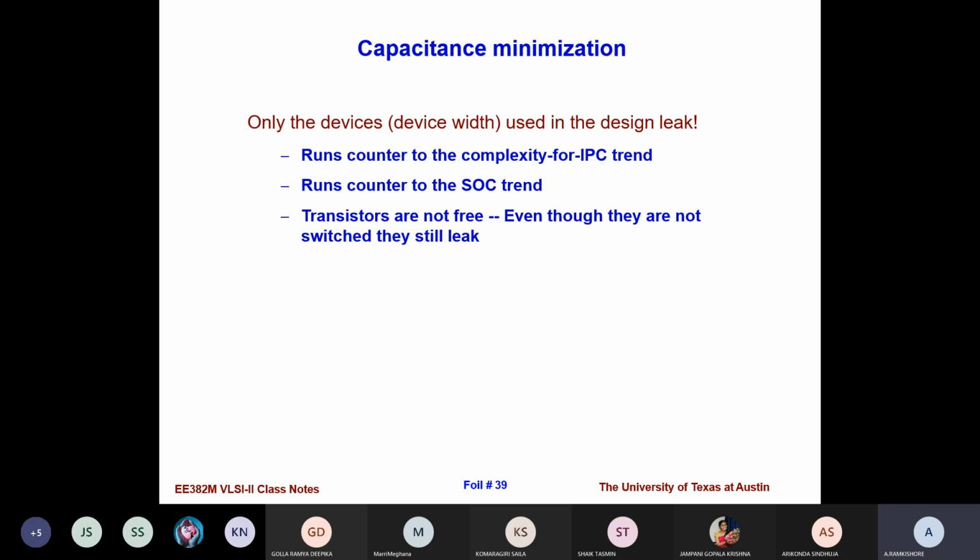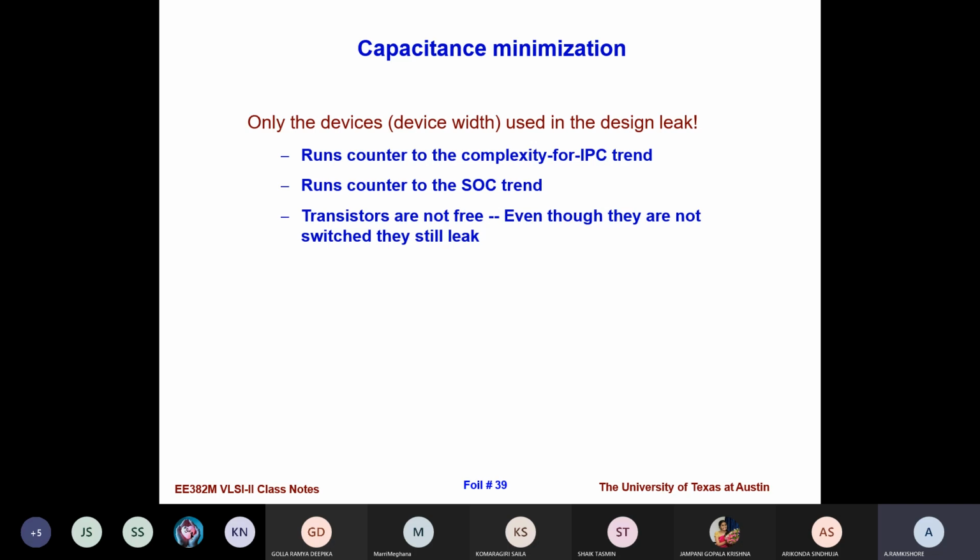If we do not follow this capacitance minimization, it will introduce leakage currents, short channel effects, and some glitches in that circuit.